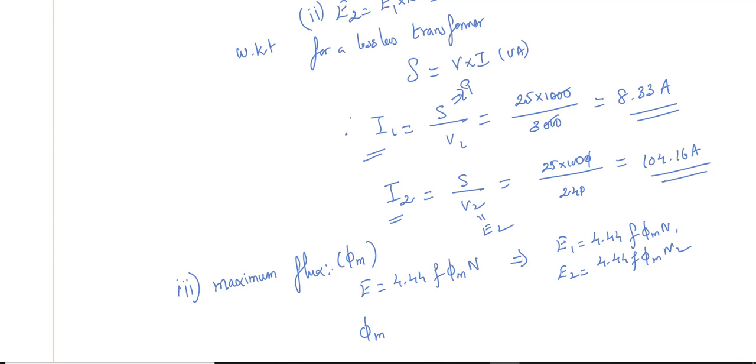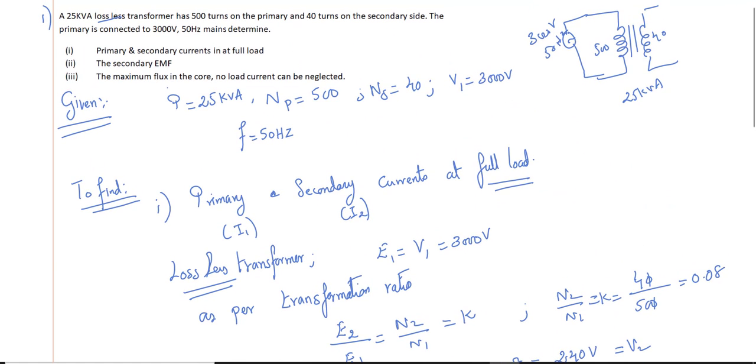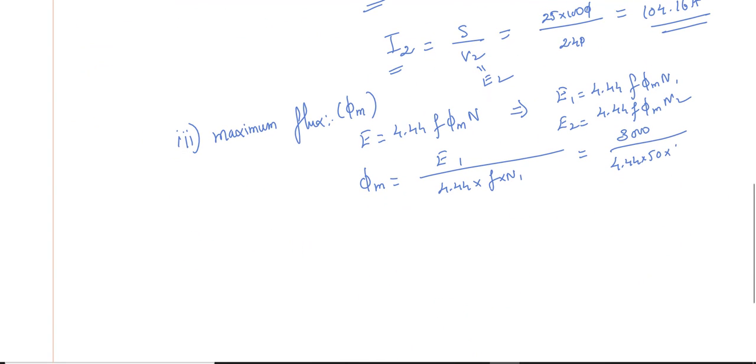Let us take the first equation: phi m is equal to E1 divided by 4.44 into F into N1. E1 is 3000 divided by 4.44 into 50 into N1, which is the number of turns in the primary side, 500.